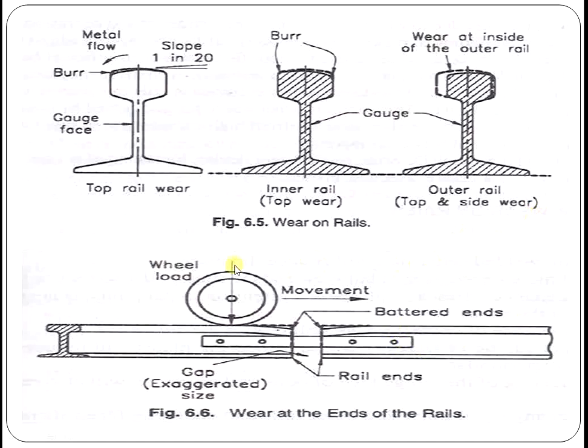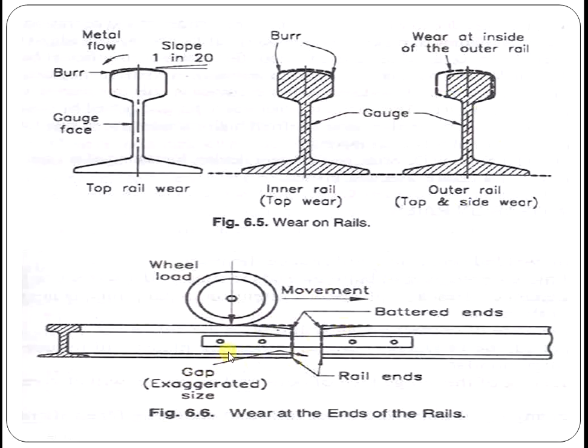And this is the wearing of the rails. The first is the top rail wear, inner rail top wear, and outer rail top and side wear. Here you see the blur in the top rail wear, which is on a slope of 1 in 20. The inner rail top, the blur is at 1 in 20, and on the inside of the outer rail you see the side wear or skidding of the rail track at different distances.